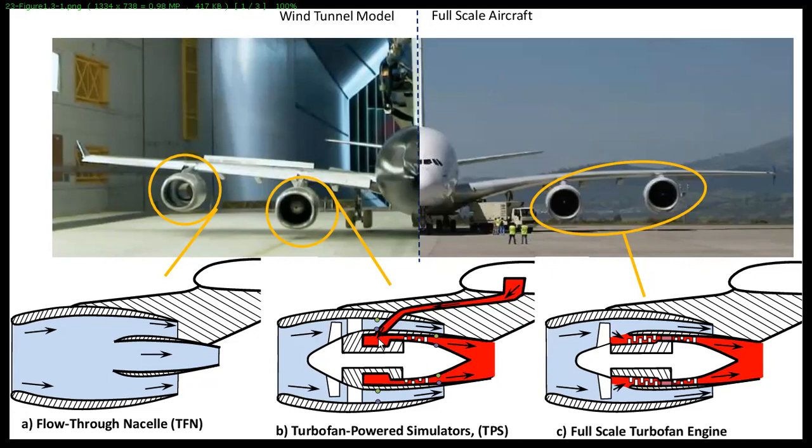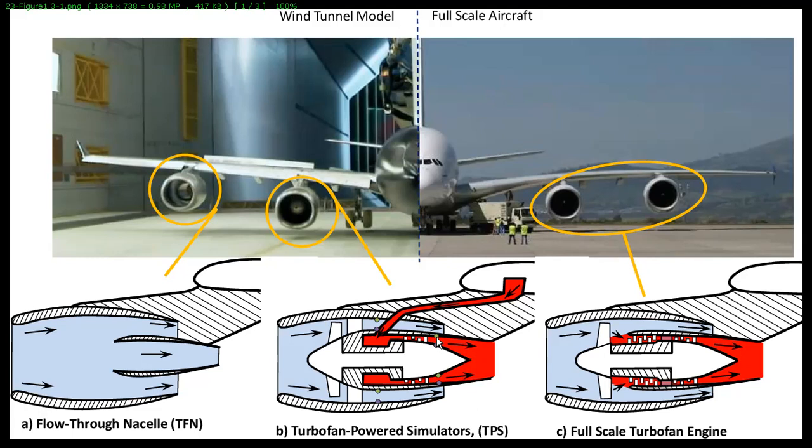This red part of the picture shows us the flow of compressed air, and there is a pipe from outside the wind tunnel. They constantly supply compressed air into the model, and from there this compressed air goes into the core of this simulator.